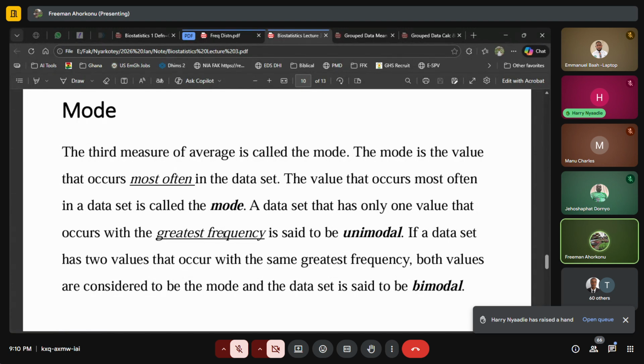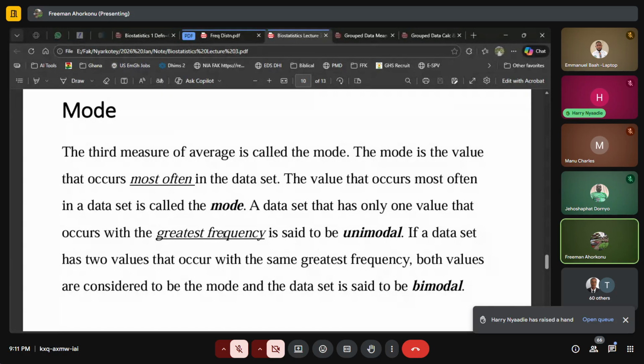So maybe somebody has 135 on 80, 135 on 70, 135 on 100, 140 on 100, 140 on 110, all that kind of thing. But you're interested in only the numerator, the top one, the systolic. So you realize that 135 occurs most.